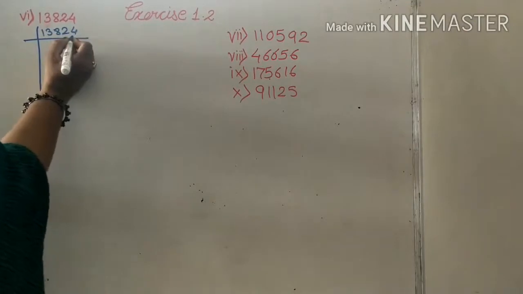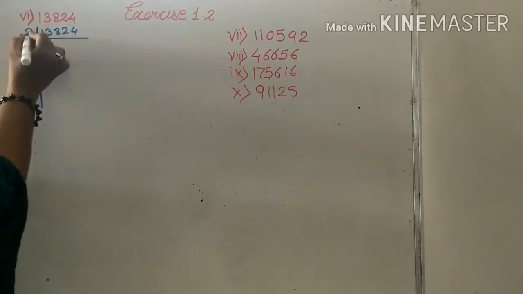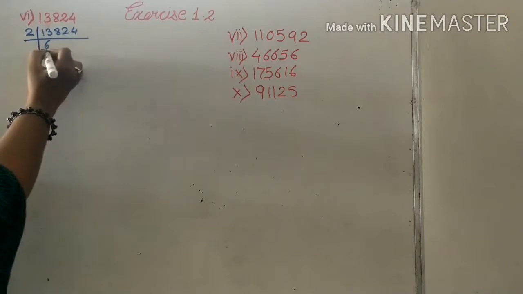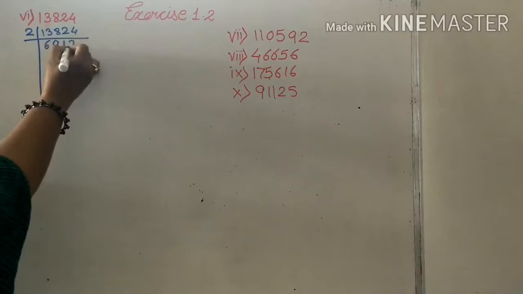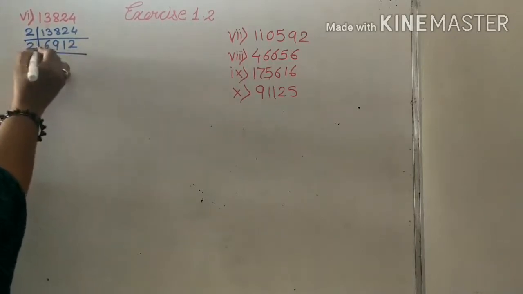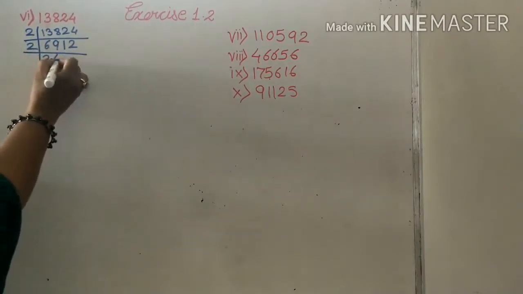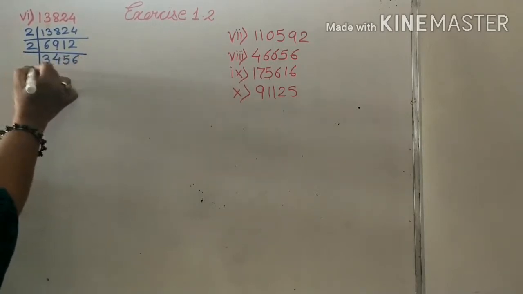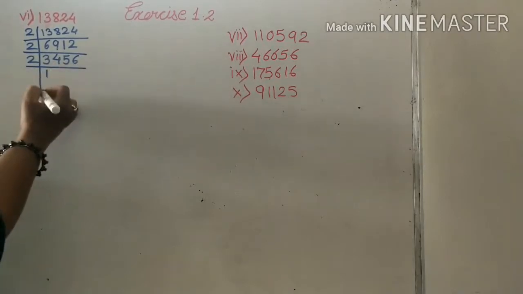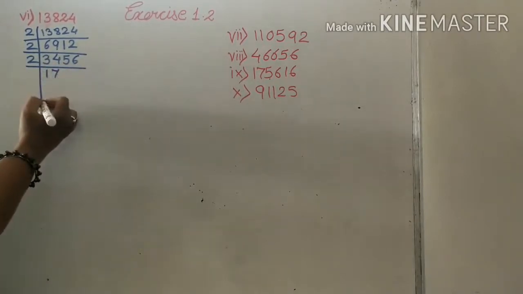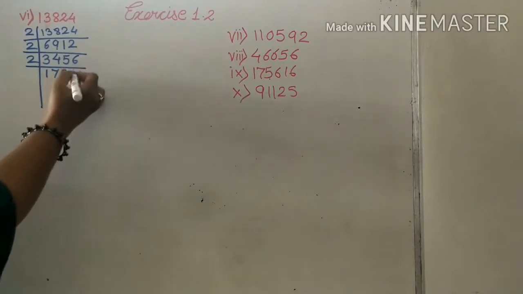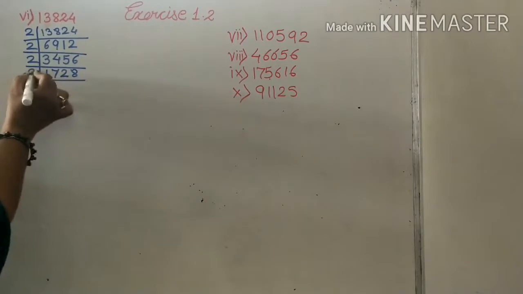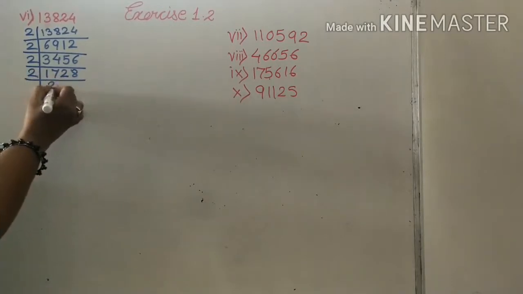The last digit is an even number, which means it is divisible by 2. 2 6s are 12. 2 9s are 18. 2 1s are 2. 2 2s are 4. 2 3s are 6. 2 4s are 8. 2 5s are 10. 2 6s are 12. 2 1s are 2. 2 7s are 14. 2 2s are 4. 2 8s are 16.